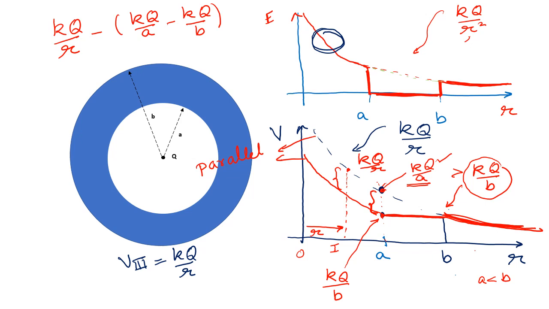And after I reach region 1, I have the same electric field as a point charge. Thus, my potential variation should be parallel to what I observed before, and my potential in region 1 should simply be the parallel KQ by r shifted below by so much distance.